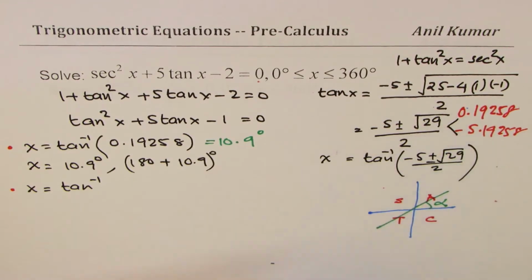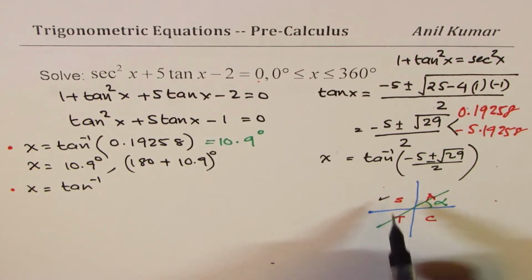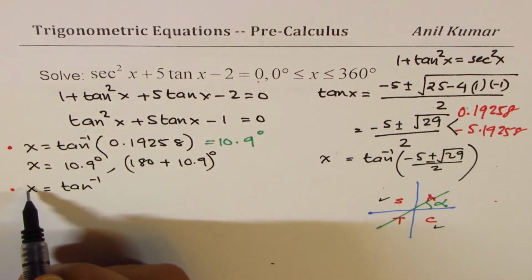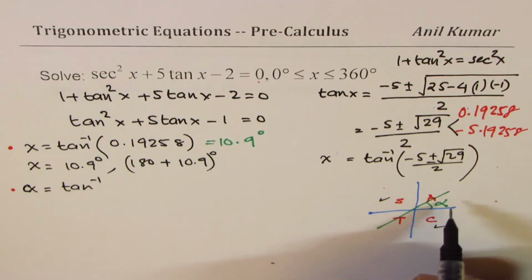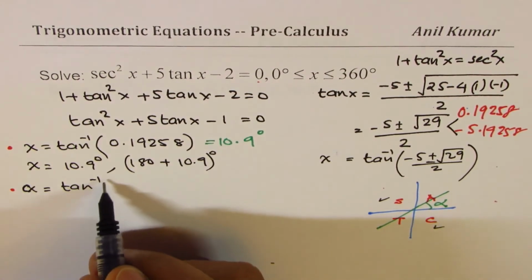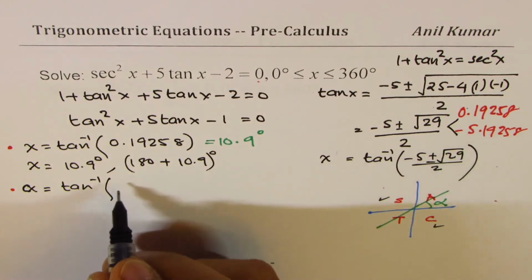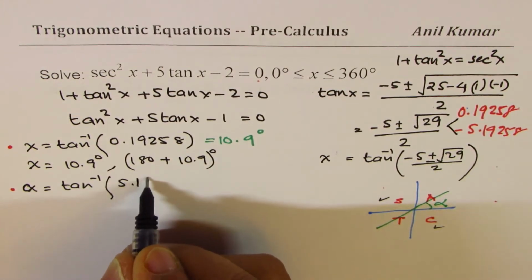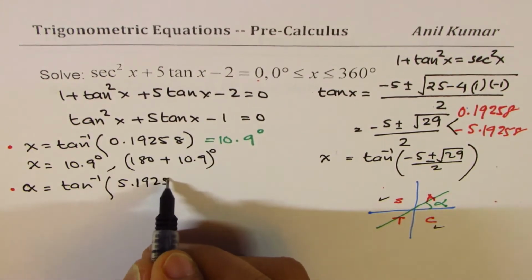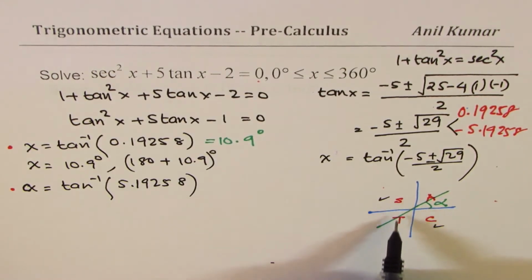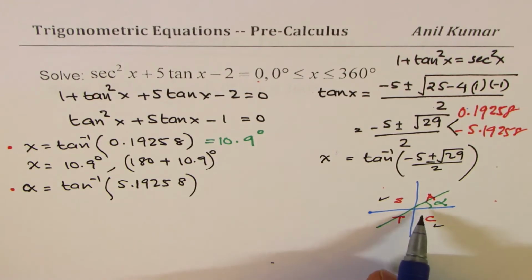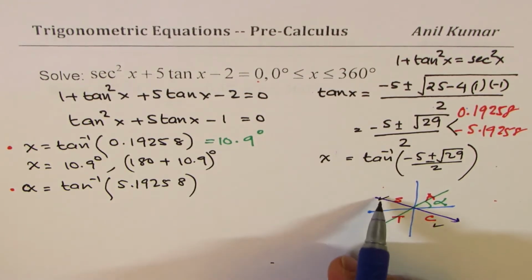Now let's do case 2, when x is equal to tan inverse of negative value. So if it is negative, we know that the solutions will be in quadrant 3 and 4. So let's first find the acute angle alpha. So we'll find acute angle alpha first for positive value, of course, which is 5.19258. And then we can find these two values, once we know alpha, right?